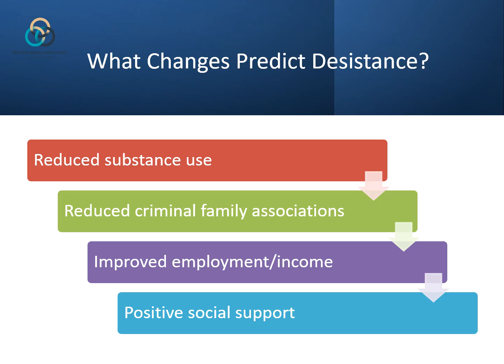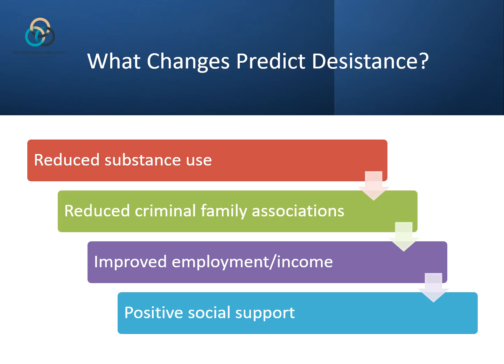This slide will go over some research that predicts desistance. Remember, that is for them to quit or to reduce or stop their criminal activity. So what changes predict them not continuing to engage? What were some of the criminogenic needs that predicted the greatest chance for desistance?